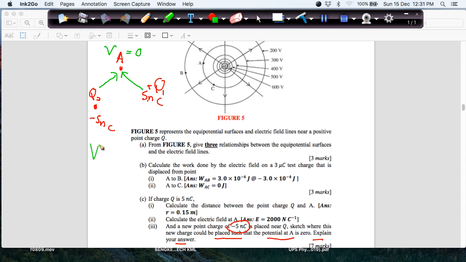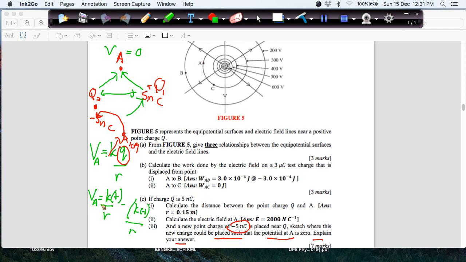The equation to calculate the potential at A is K times the charge Q over R, and K is the constant 9 times 10 to the power of 9. When calculating electric potential you must use the sign of the charge, because Q2 is negative and Q1 is positive. So the potential at point A is K Q1, positive, over R, plus K Q2, negative, over R. This is the same magnitude but negative, so VA is equal to 0.